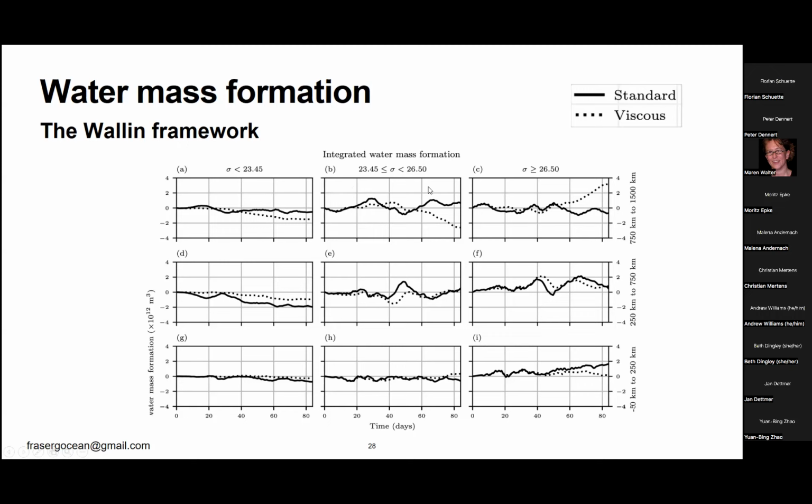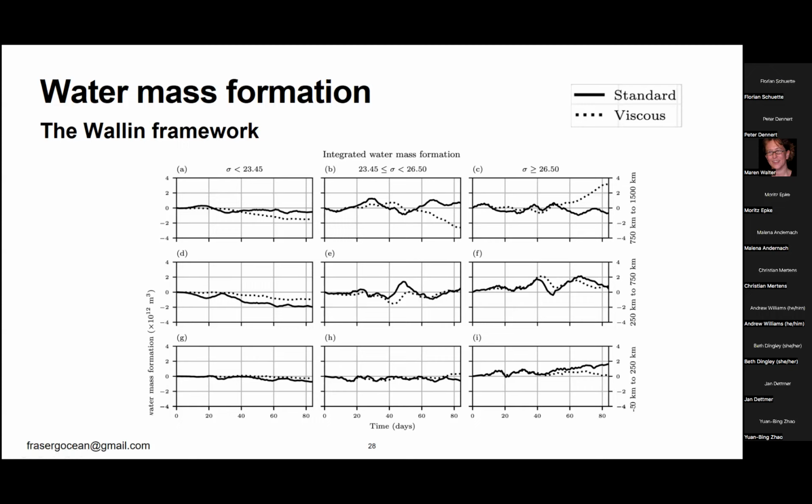And then I guess I've not mentioned, I said ignore the viscous line in these highest latitude bands. So basically, you can see there's a lot of water mass formation and transformation happening in these high latitude bands in the viscous model. And I think that's a combination of the viscosity being really strong, so it's going to cause a lot more mass formation.